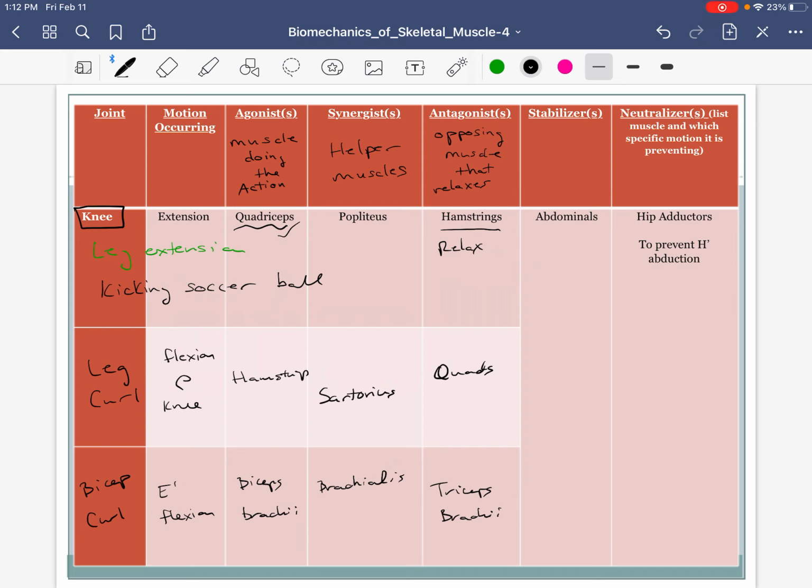Then we have the stabilizer. A stabilizer is something that contracts to stabilize. It's oftentimes core muscles. Think about the soccer kick example. In order for me to kick a soccer ball, I have to make sure that my abdominals are contracted a little bit to hold my trunk upright, or else I would fall over. So a lot of times we have abdominals or back muscles that act to stabilize.